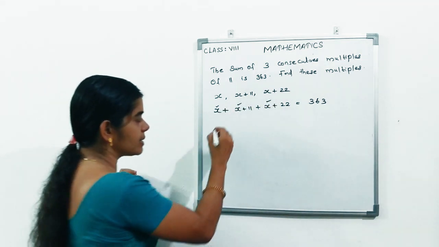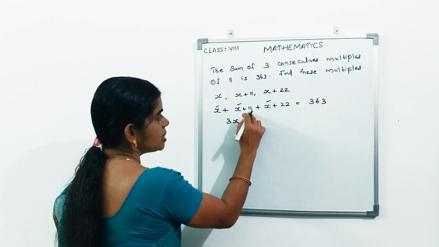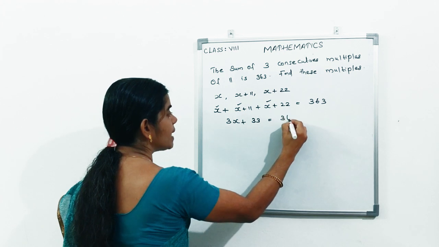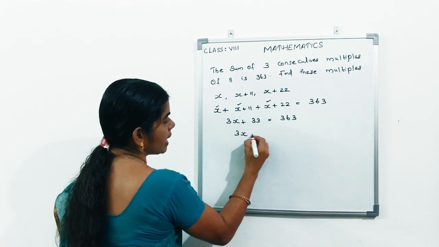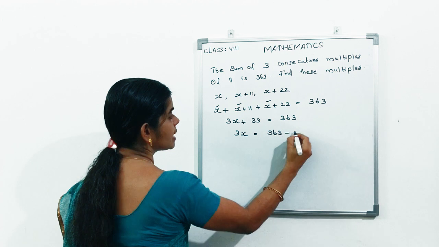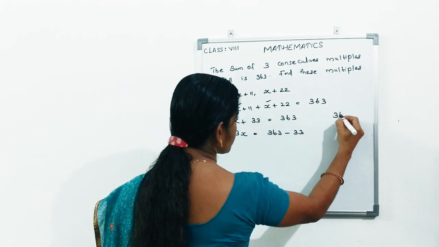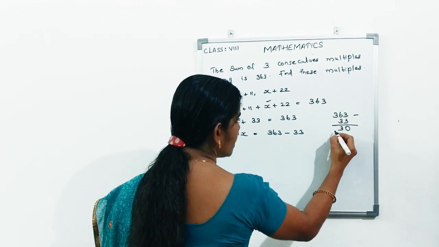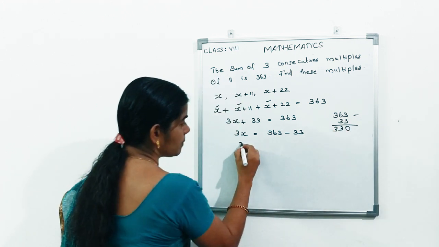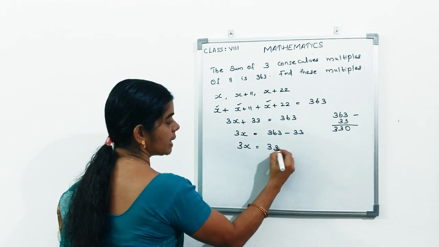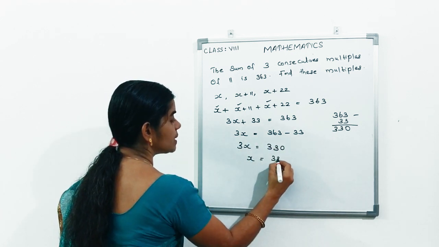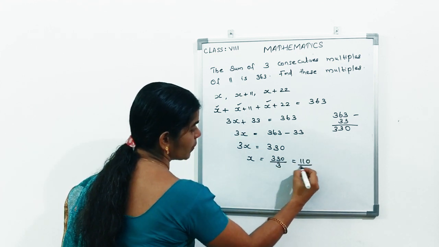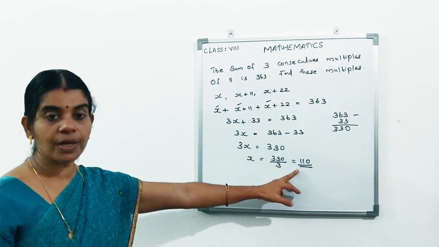Therefore, 3x plus 22 plus 11, which is 33, is equal to 363. Then 3x is equal to 363 minus 33, so 3x is equal to 330. Therefore, x is equal to 330 divided by 3, so you get 110. The first multiple is 110.